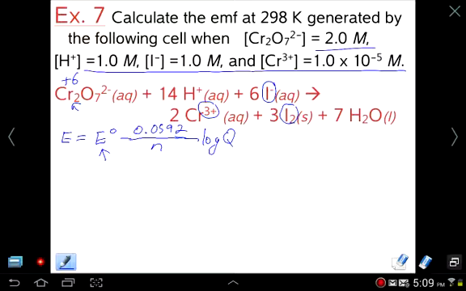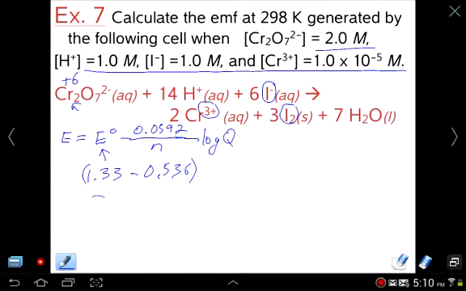Dichromate has a voltage of 1.33. So we have 1.33 volts minus iodine, which is 0.536. So we'll be able to get the voltage.